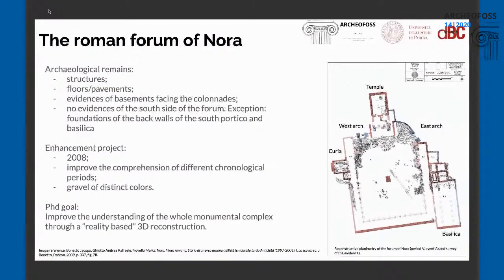The archaeological site of Nora is located in Sardinia, on the south coast of the island, about 30 kilometers south of Cagliari. Nowadays, the most preserved evidence on the site deals with the Roman period, but other chronological phases are also testified, from the Archaic period to the Middle Ages.